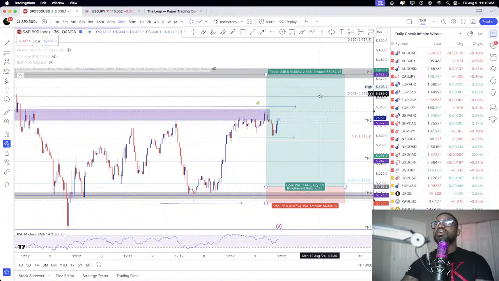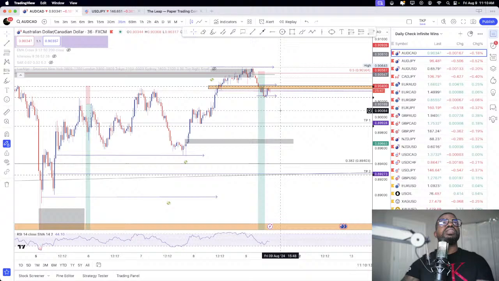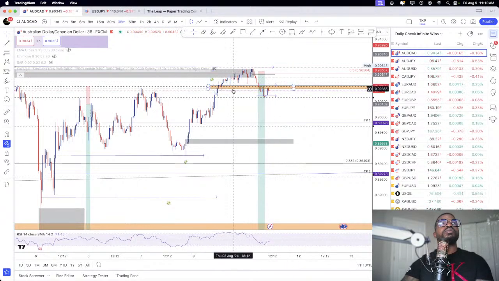So when it comes to this, I say we let it run. This sell on AUD CAD, we'll see what happens, but right now it looks like we need to let it run.